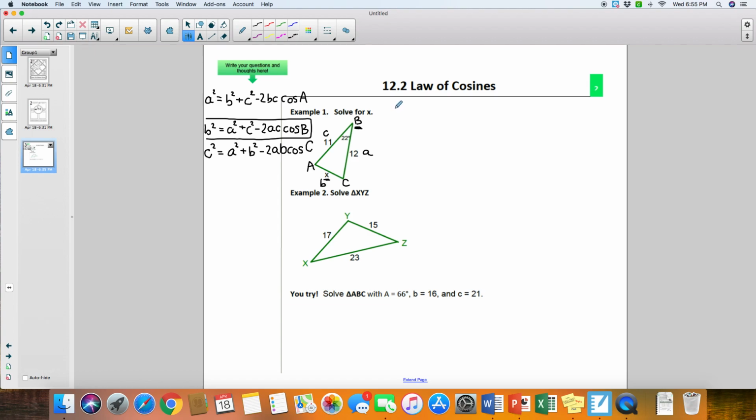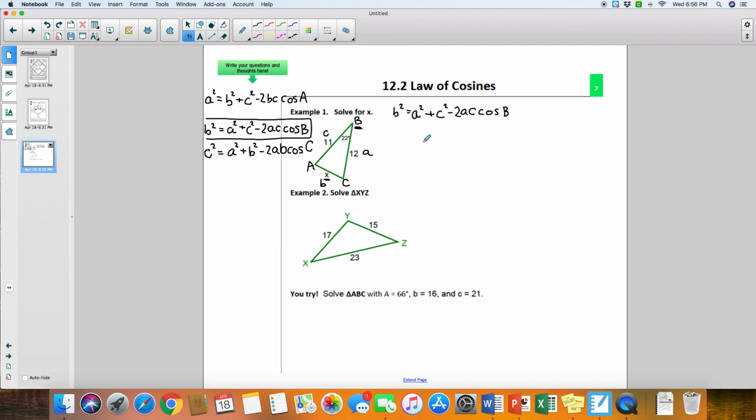All right, so I'm going to start by writing down my formula. B squared equals A squared plus C squared minus 2 times A times C times cosine of angle B. Now that I picked out which formula to use, I'm going to substitute my information into my formula.